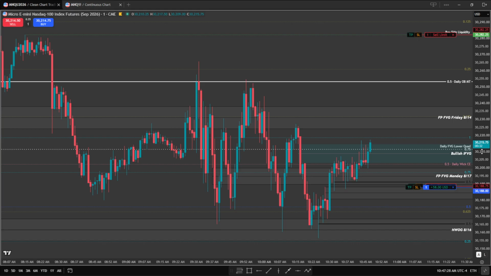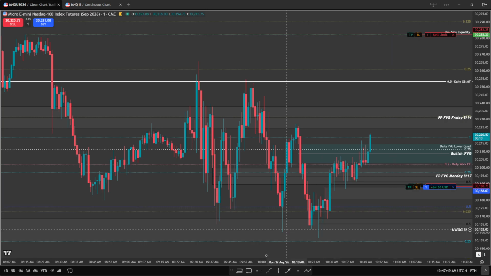It'd be really nice if it started running higher ahead of the 10:50 macro, and then 10:50 just accelerates it higher. If it started running ahead of that, that would be really good. Looks like that might happen.